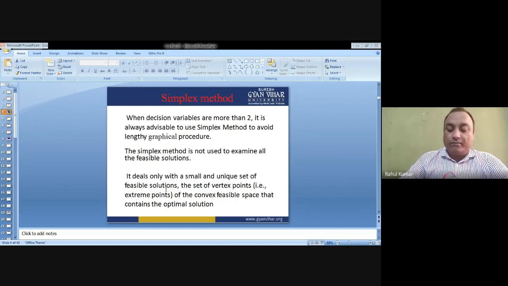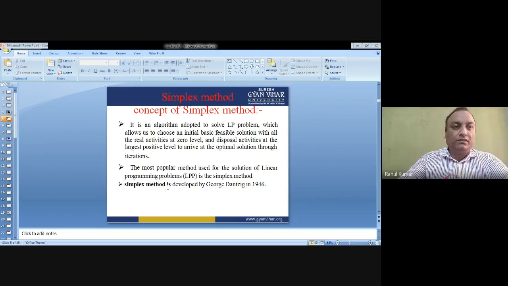The simplex method gives a very good approach for finding the feasible solution. It is an algorithm adapted to solve linear programming problems, which allows us to choose an initial basic feasible solution with all the real activities at zero level and disposal activities at the largest positive level, to arrive at the optimal solution through iteration.